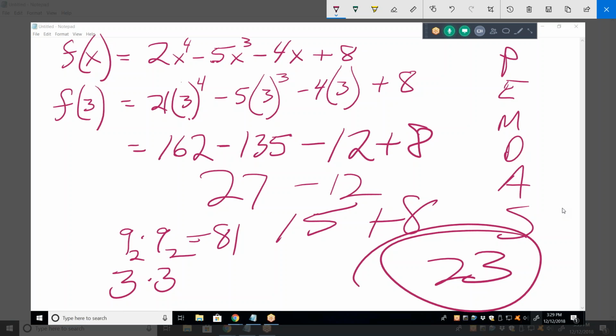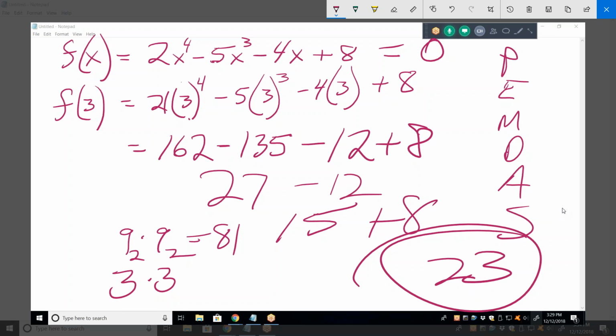In other words, if I substitute 3 for x, does this whole thing equal 0? If it does, then 3 is a zero. And if I was checking various numbers to see whether they were zeros or not, I would use synthetic division.